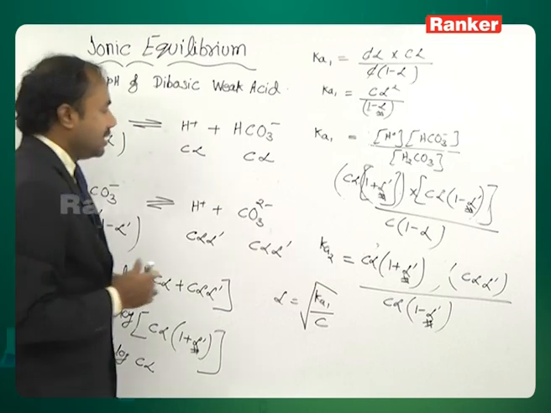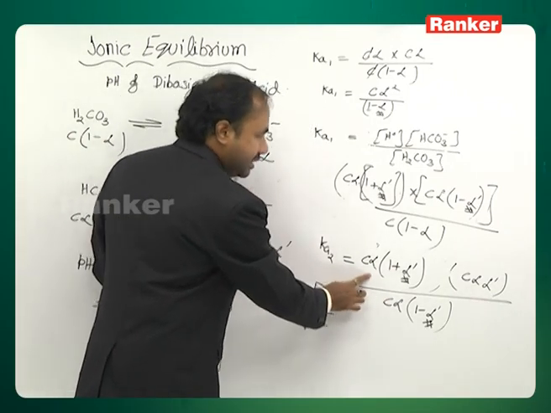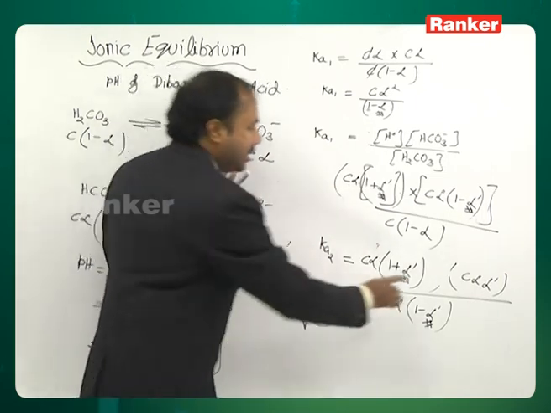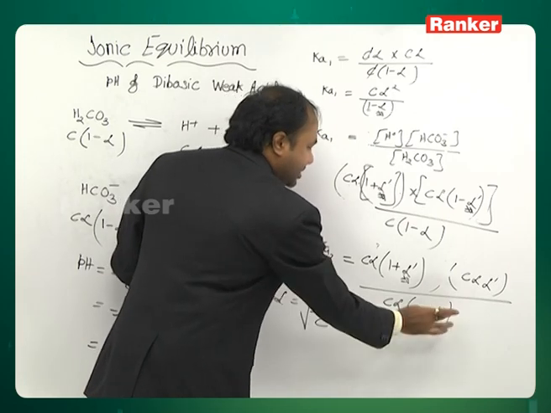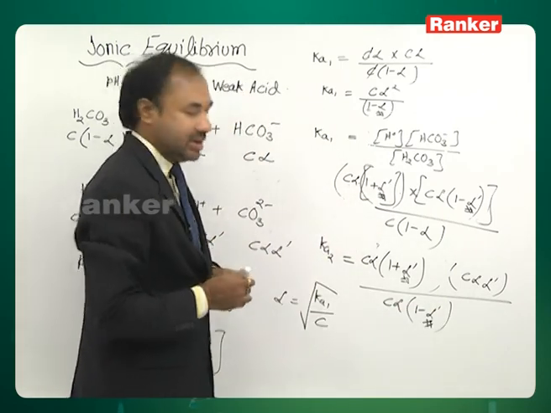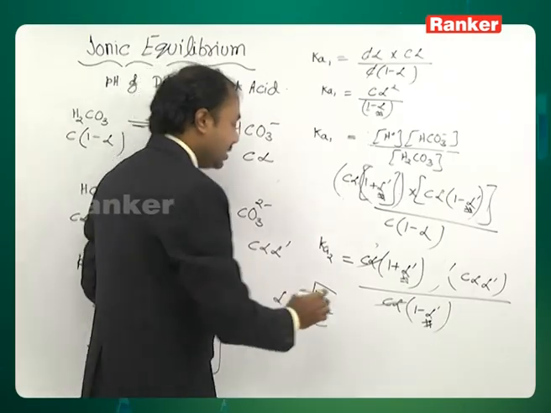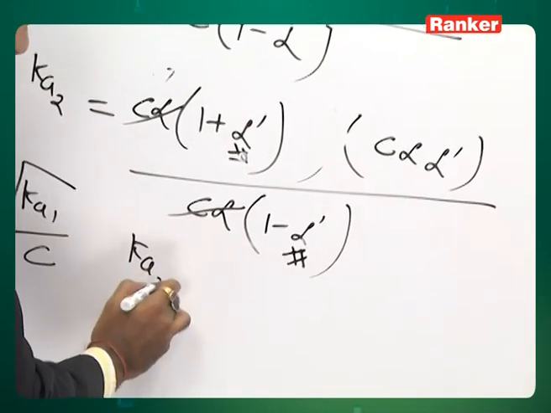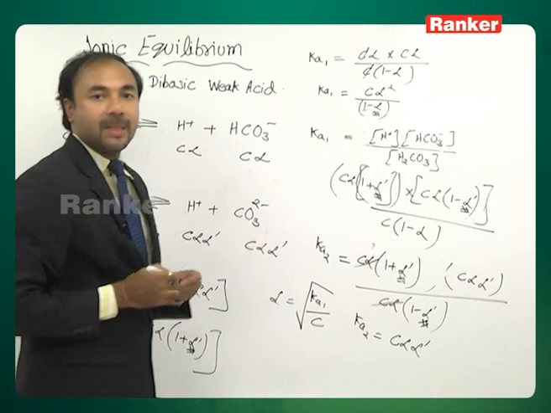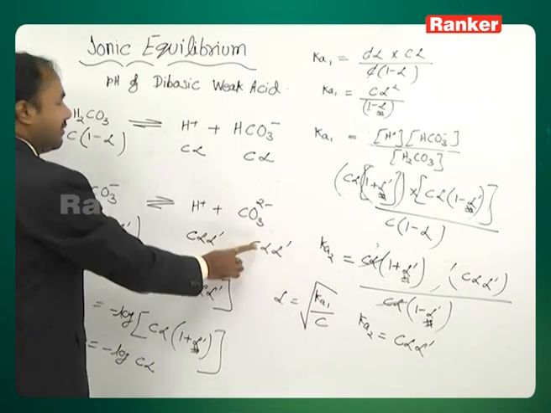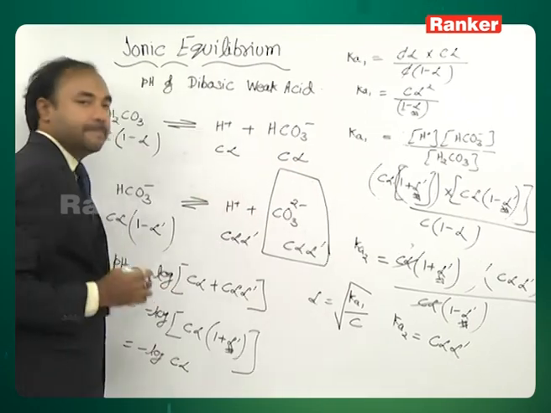Now, come here. If you see here, this was C alpha into Ka2. C alpha alpha dash has been neglected into C alpha alpha dash, again upon C alpha into 1 minus alpha dash, again neglected. Very simple thing. This gets cancelled, and you get Ka2 equal to C alpha alpha dash. If you pay attention, what is C alpha alpha dash? This is the carbonate ion concentration.